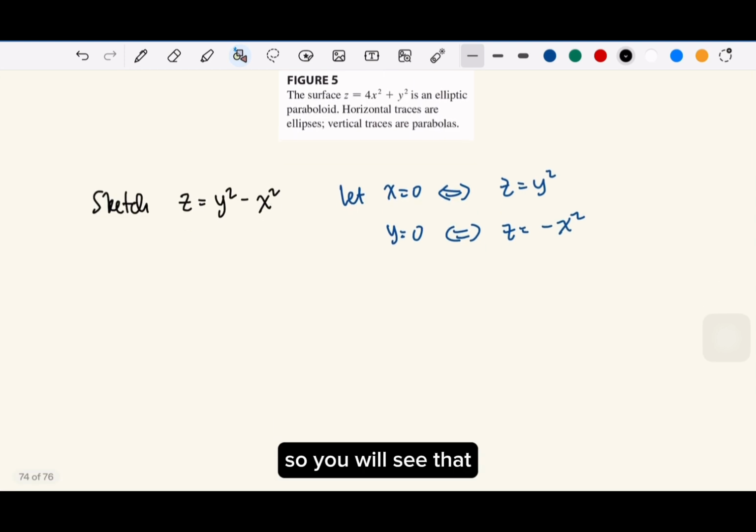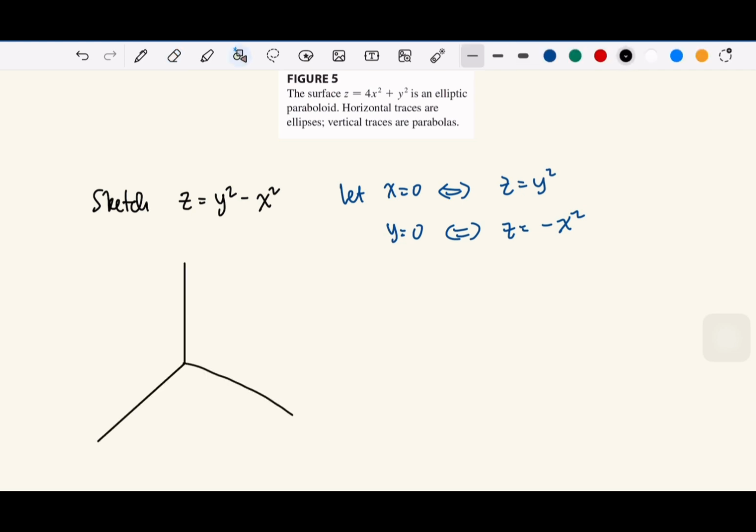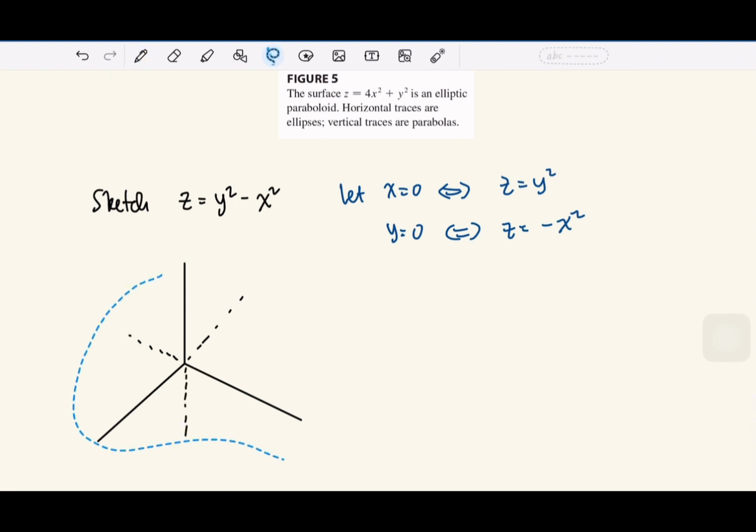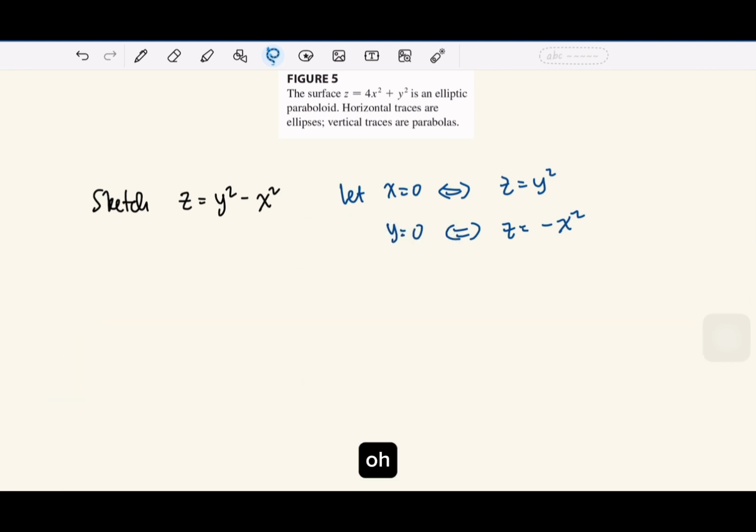So from these two conditions, let me copy this.